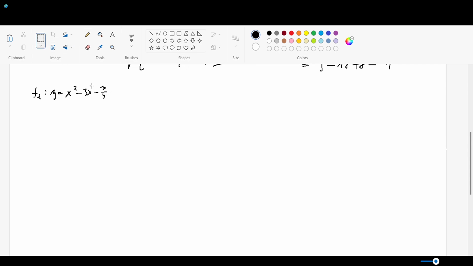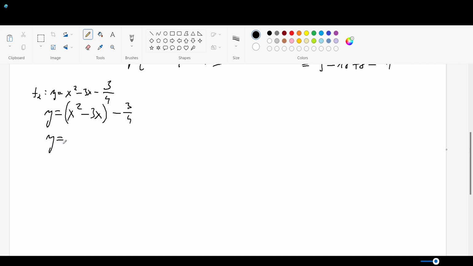Let me rewrite it so that you can see it in a nicer way: 3 over 4, and the same procedure applies here. y is equal to x squared minus 3x in parentheses, because we will now complete the square, minus 3 over 4.